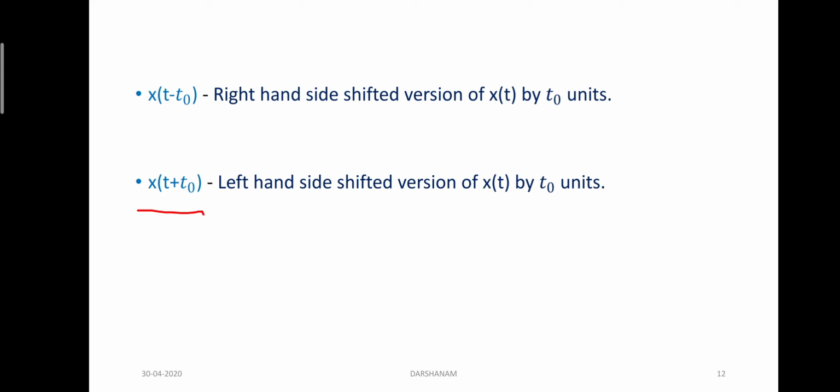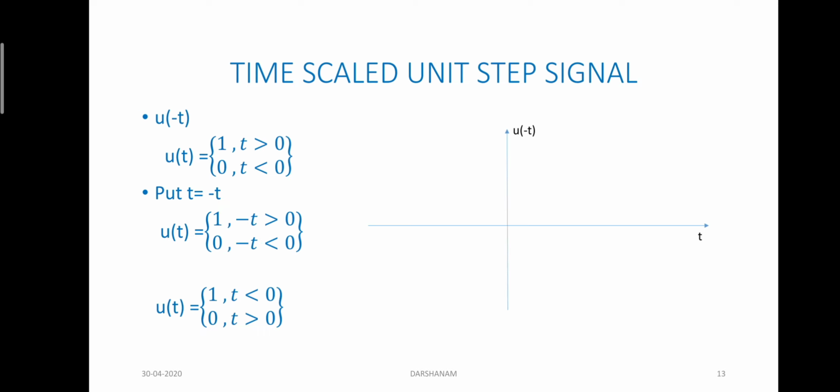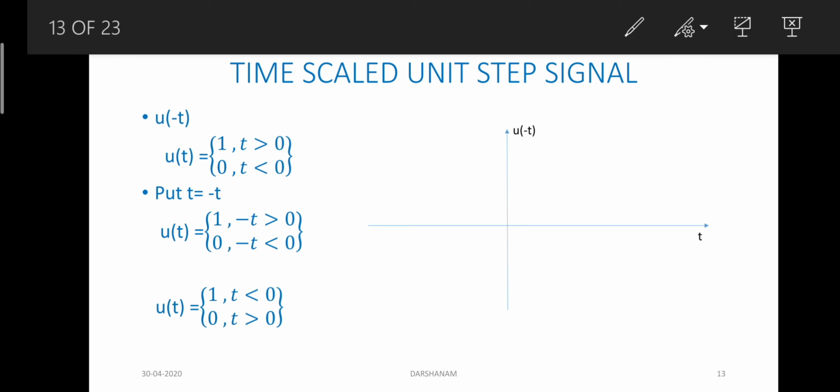Then let's check what happens if we do some multiplication in the case of t. Here we can see u of minus t. That is, we have multiplied the time t by minus 1.